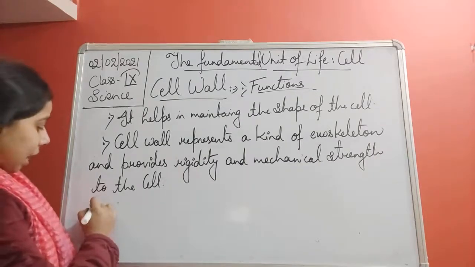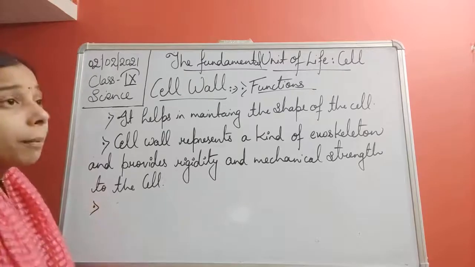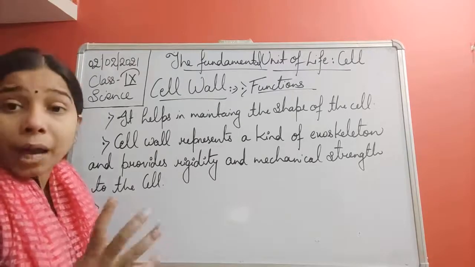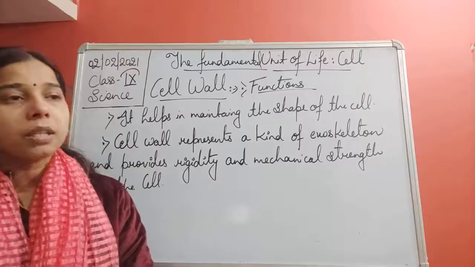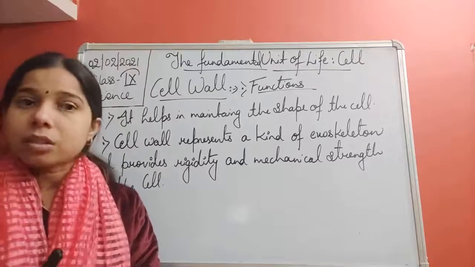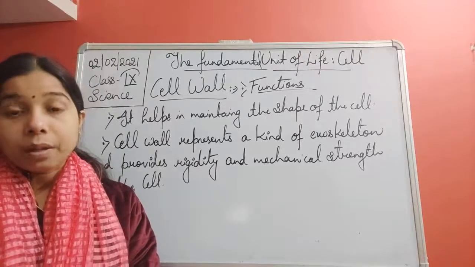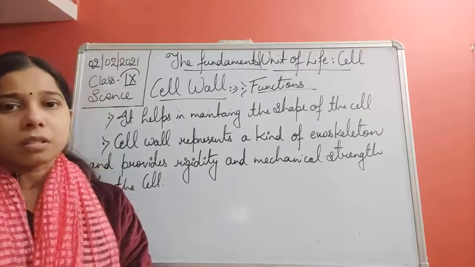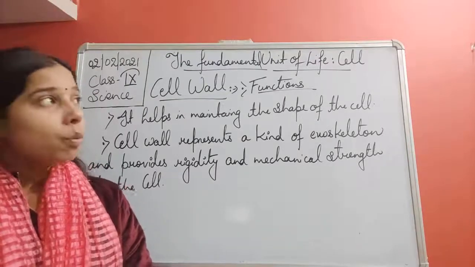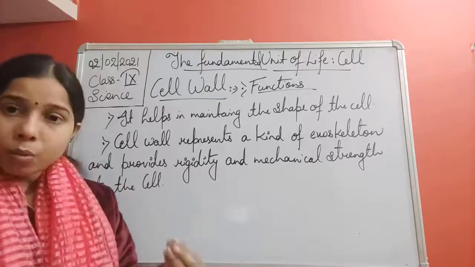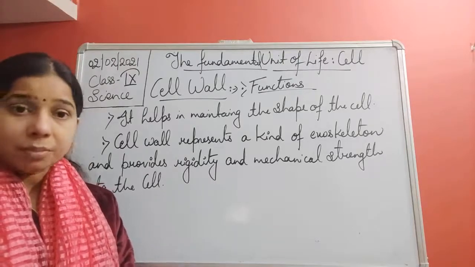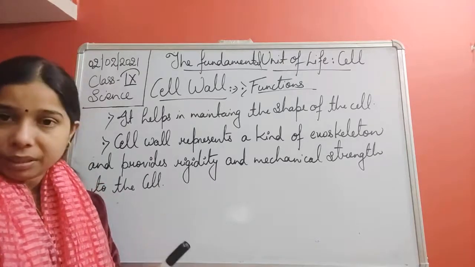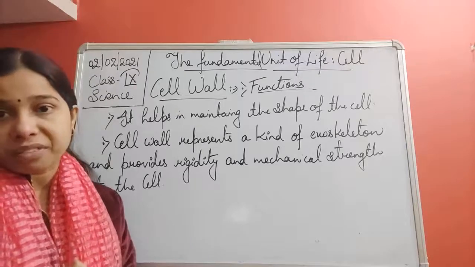See what happens when you keep the cell in a hypotonic solution. The outer medium consists of more water, while the cell itself consists of less water. So all the water from the medium starts moving inside the cell.